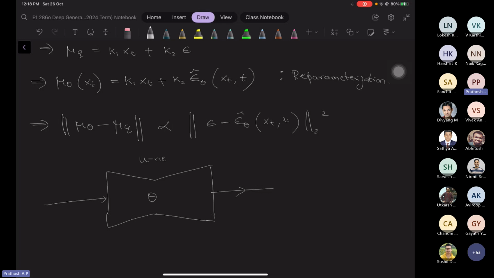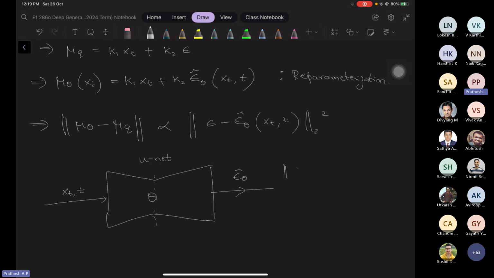This kind of architecture is called the U-Net architecture, where the dimensions keep decreasing, hit a bottleneck, and then keep increasing again. This is because the size of the noise epsilon is the same as that of the input. It takes as input xt and t, and it will predict epsilon theta. That is all the training of DDPMs.